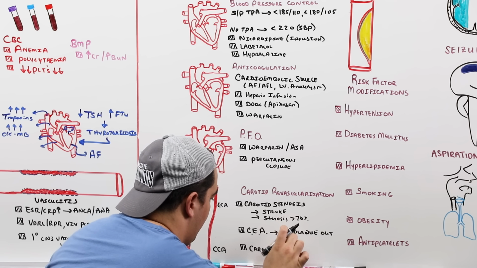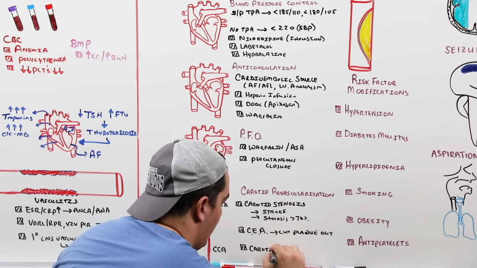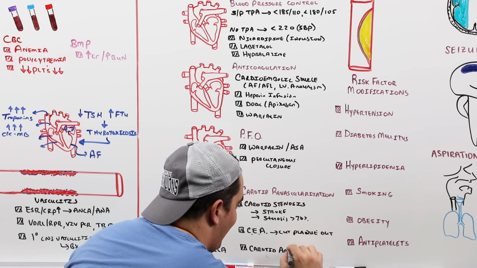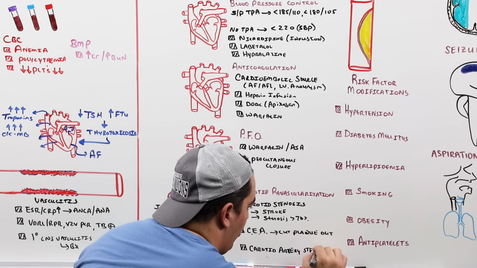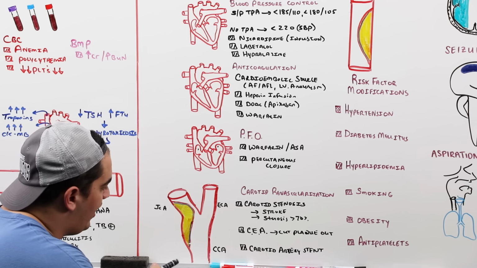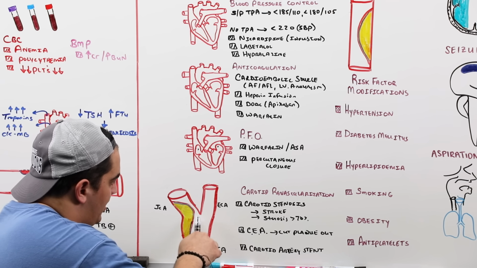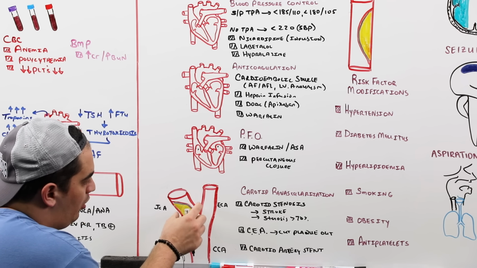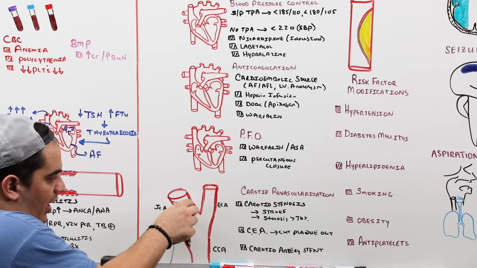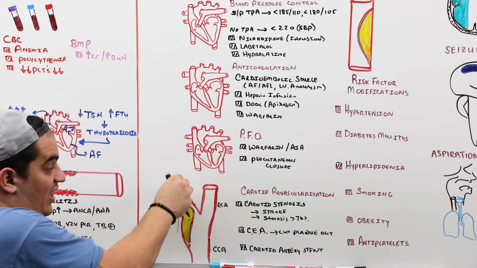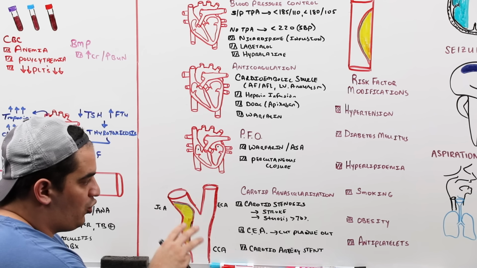And this one's actually pretty simple. I can actually spell this one out for you. So carotid artery stent. All you do is you take a catheter, move this thing through the vessel, and then put a balloon in there to really push that actual plaque down, and then put a stent in there. And that helps to control that as well.